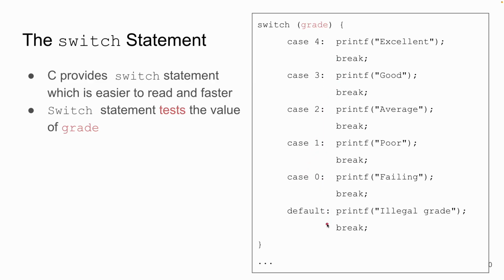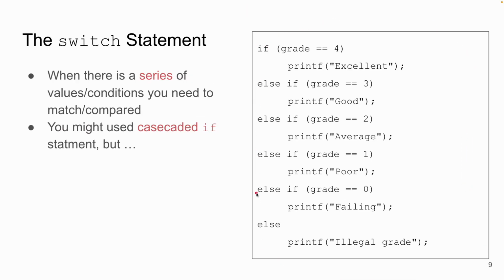I will explain the general form in a later slide, but for now let's just focus on these examples. We have grade here, and we have cases from 4 to 0. We have a default here, and we can compare these switch statements with the if-else statement here.